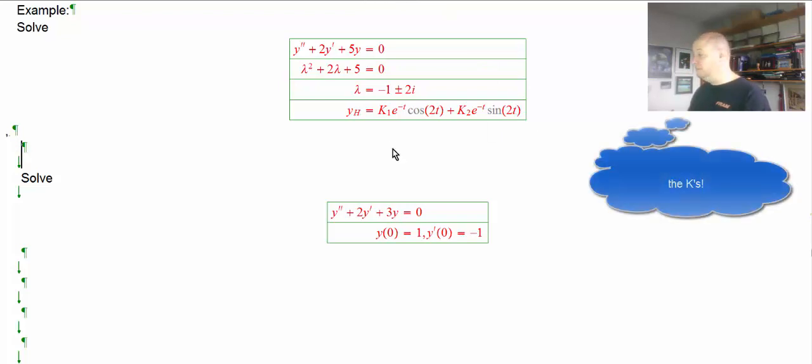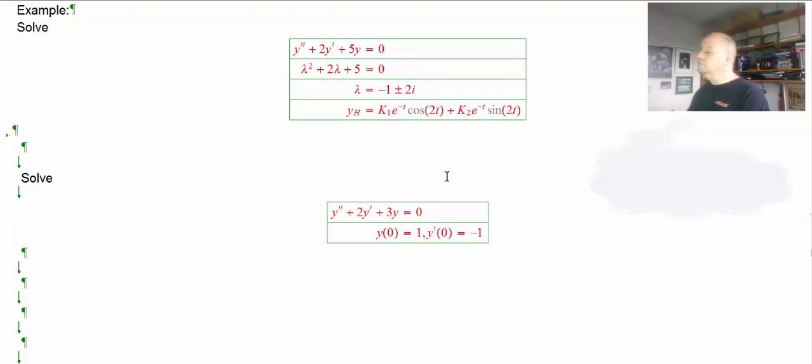Let's do another example. This one has initial conditions. They're not asking me to graph it, although the graphing's not too bad. First thing I need then is the auxiliary equation. The only difference is here, that's a 3. Solve the auxiliary equation.